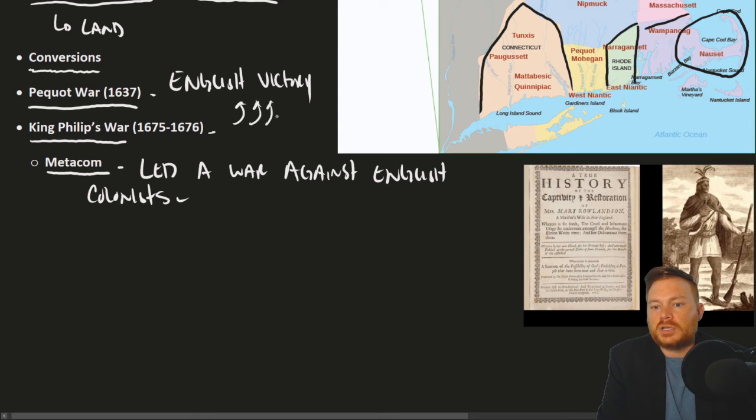So the English settlers did win this. Here's Metacom here, Native American name. You can see that by the 1670s, European weapons like guns were adopted. But this was really the last major threat to the English colonists. So we might say Metacom led a war against the English colonists, the last major threat to the New England colonies.